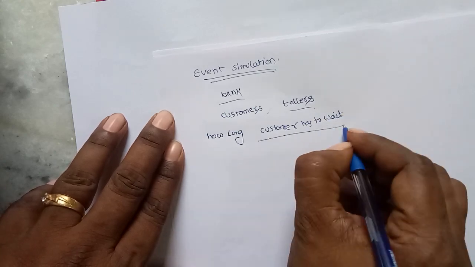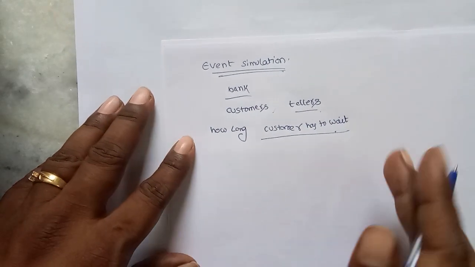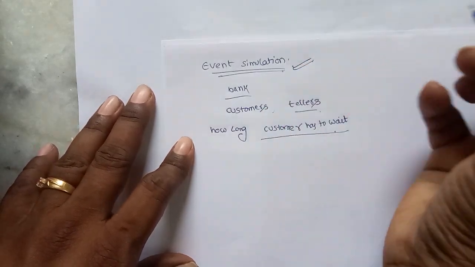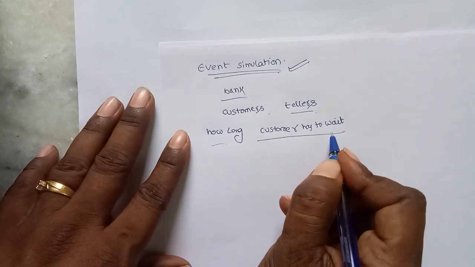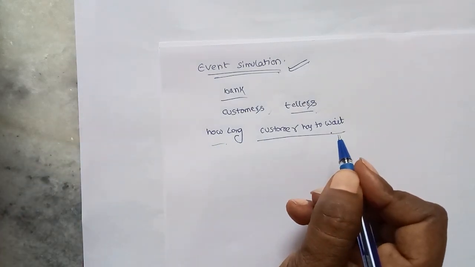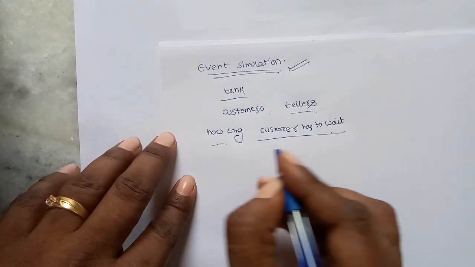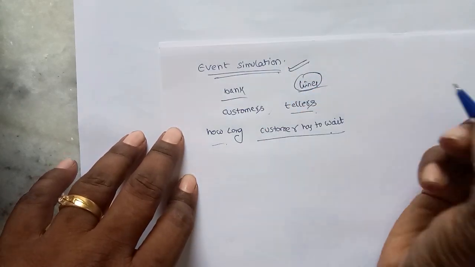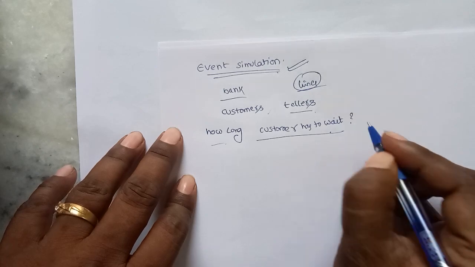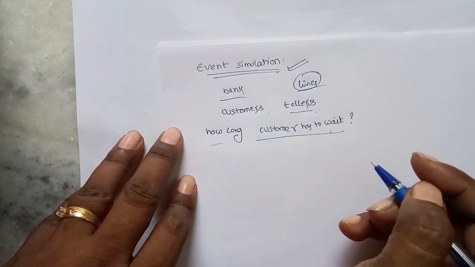Observe the point. Here the event simulation is a very simple topic and it is very important and has been asked many times previously. How long a customer has to wait, or how long the line might be. Suppose whenever a customer comes, all the customers are placed in a queue line. How long does the customer have to wait on the queue line?